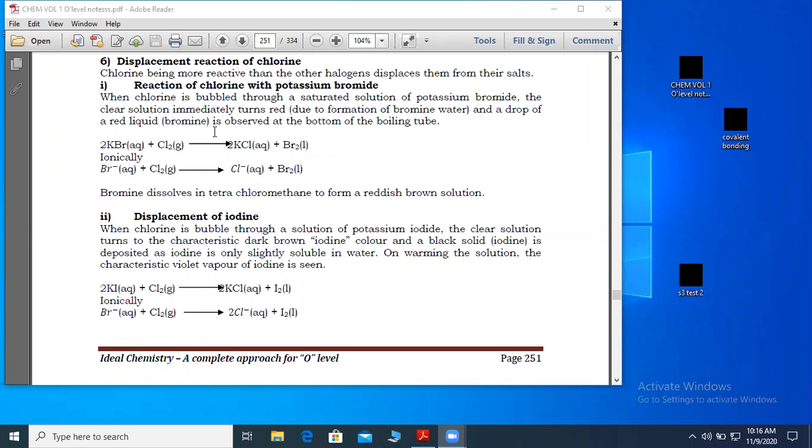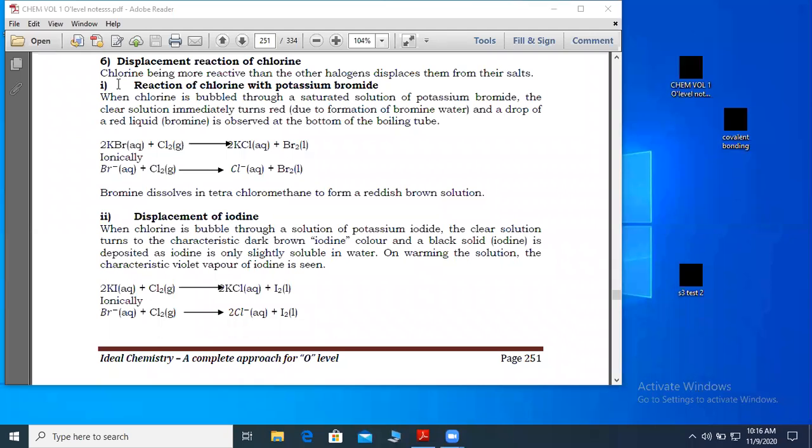Yes, we can start by reviewing this very important reaction of chlorine, and this is on oxidation properties of chlorine, and the oxidation is in form of displacement.